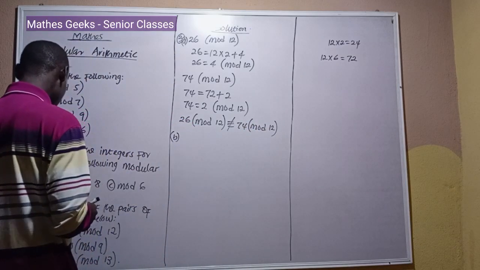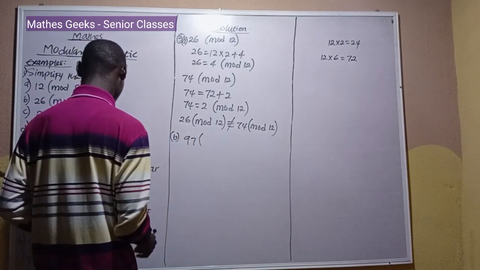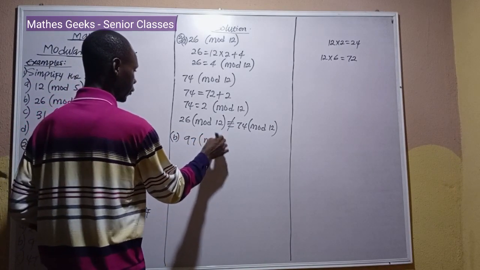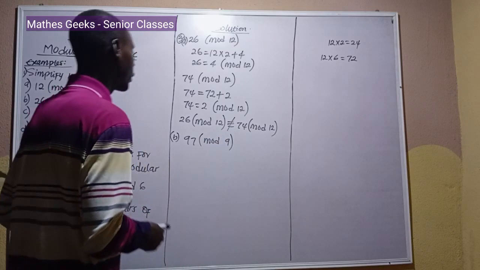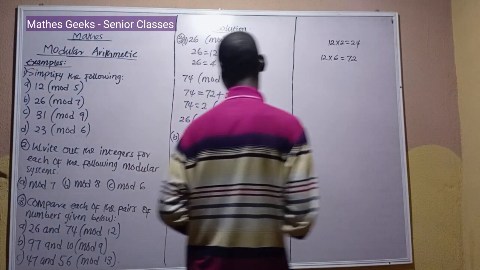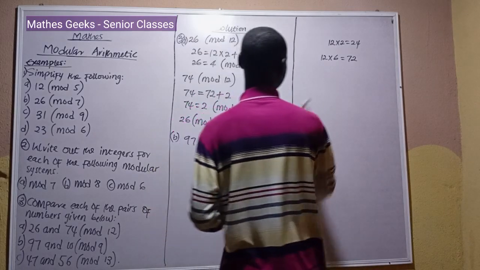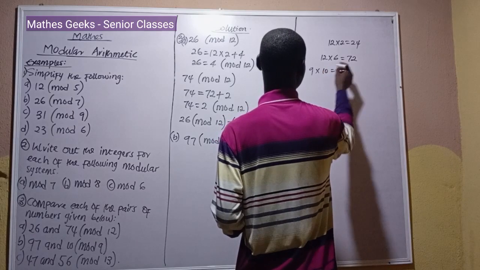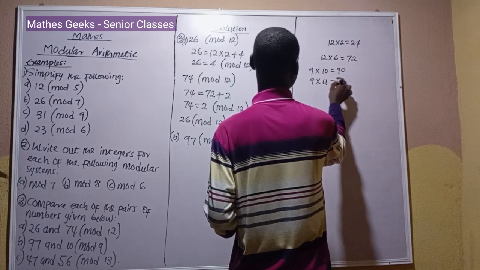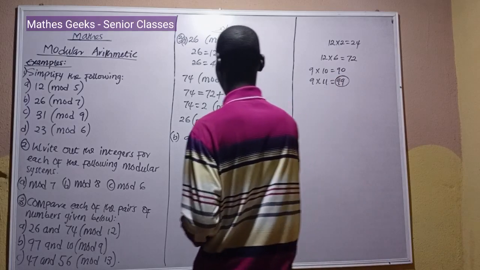B. 97 and 10. 97 in mod 9. The multiple of 9 that is closest to 97: 9 times 10 is 90. 9 times 11 is 99. 99 is higher than 97.